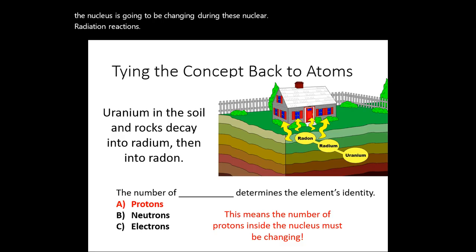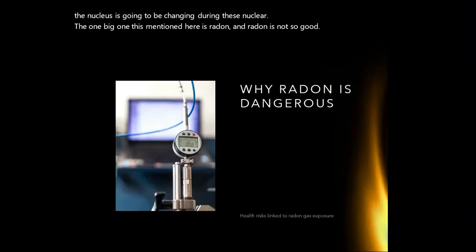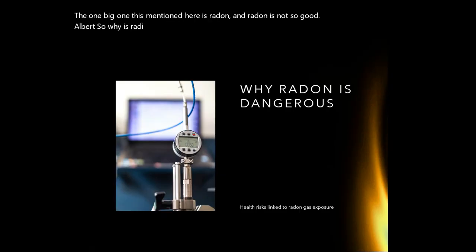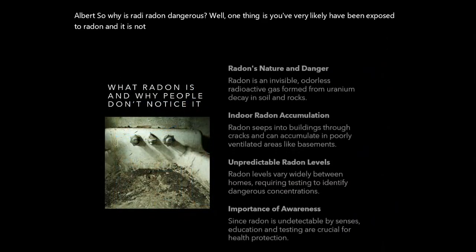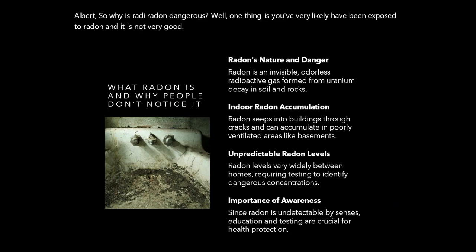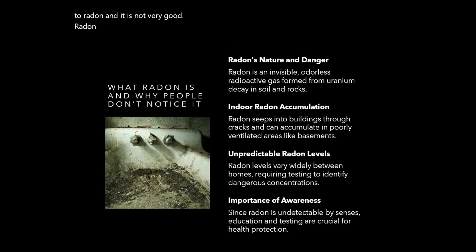Well, the one big one that's mentioned here is radon, and radon is a not so good element. So why is radon dangerous? Well, one thing is you very likely have been exposed to radon, and it is not very good. Radon is invisible, odorless, and it's a radioactive gas, and we already saw from the previous slide, it's formed from uranium decay in soils and rocks.